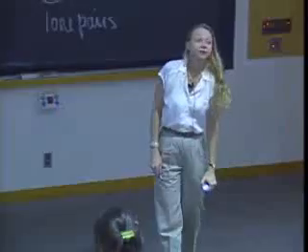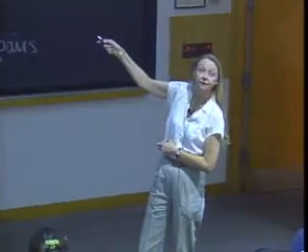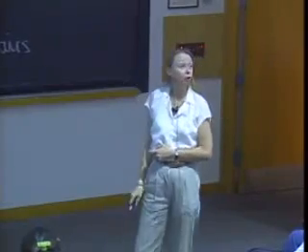The formal charge is the following. You count up the number of valence electrons on the free atom. We're going to call that V. You're going to subtract from it the number of electrons that are lone pairs on that atom in the molecule.